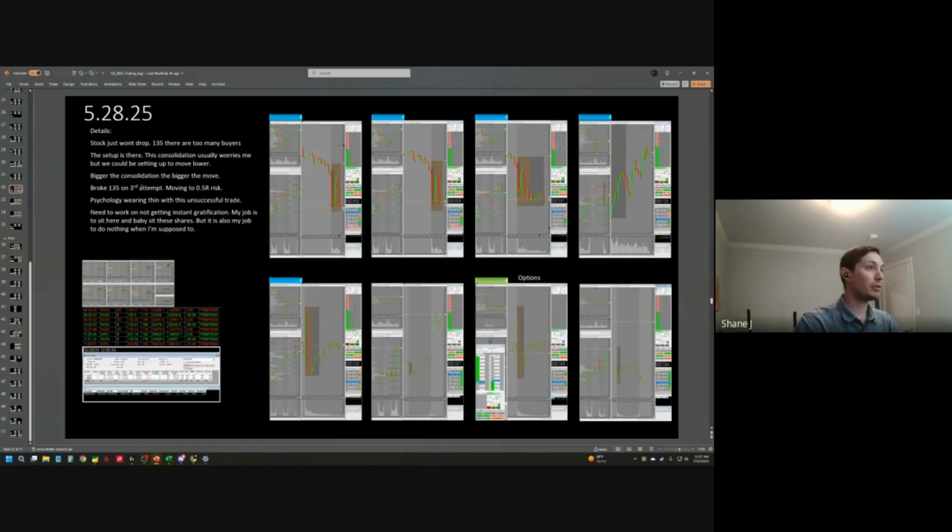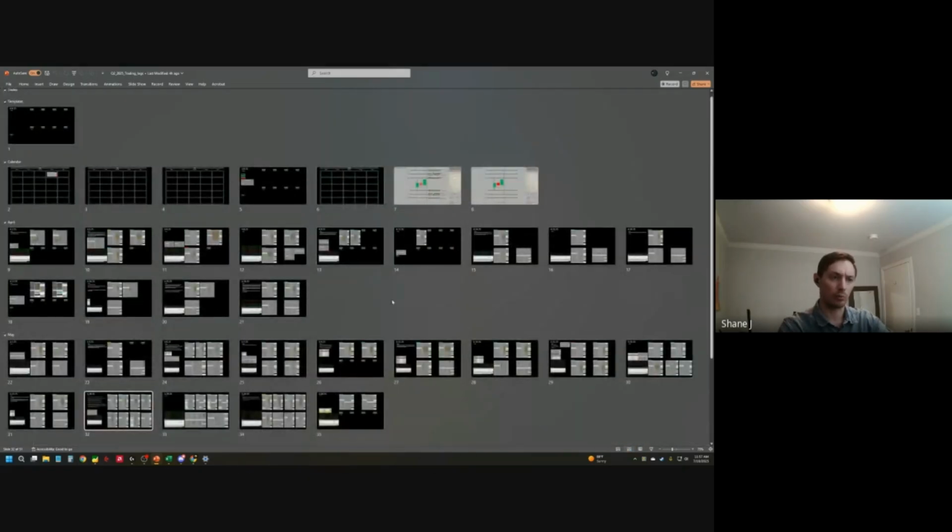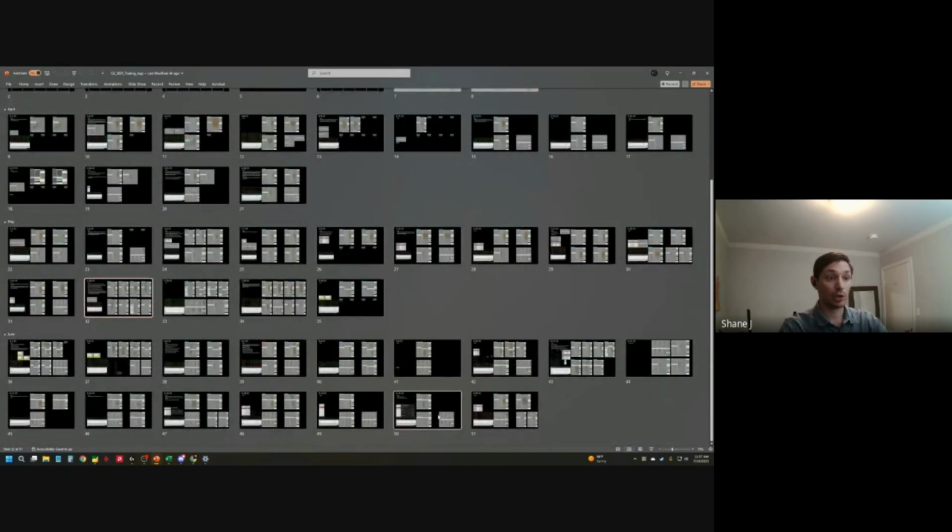Broke the 135 and third attempt, risk was at half risk. Psychology wearing thin with this unsuccessful trade. You can see I took several attempts and I was getting wore down and I just couldn't do it anymore. So yeah, little anomalies like this and just saying, what was my psychology like and what was the problem that day? And then you can look at it like your really good days, like, let's see. 1 trade.